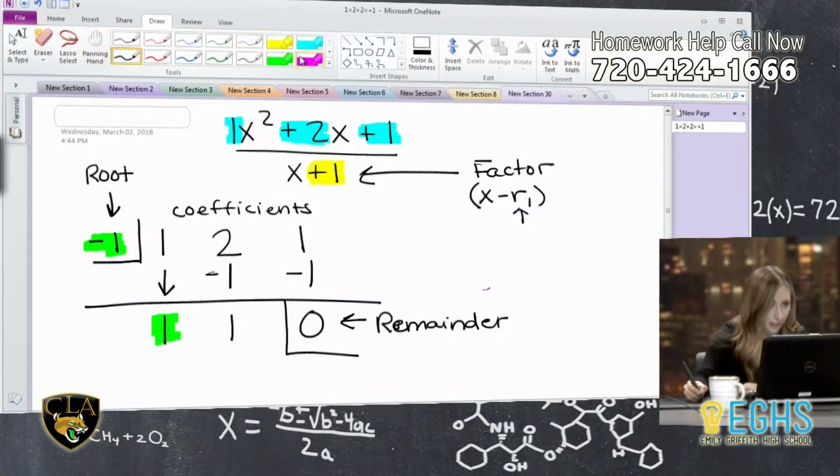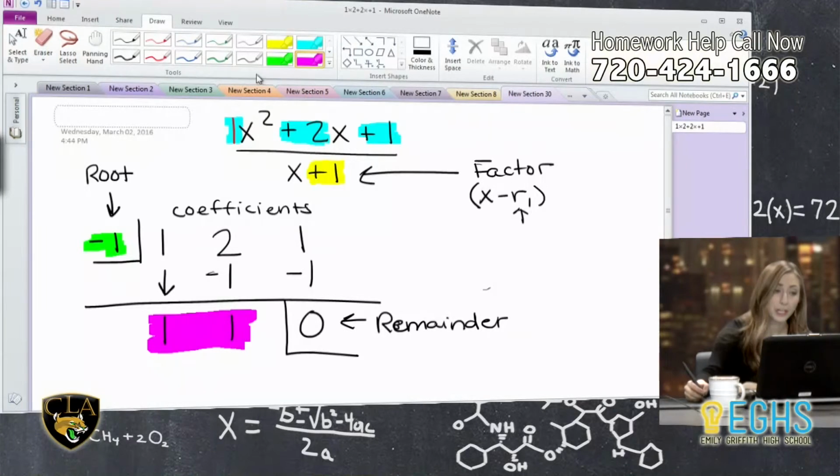And then what I'm highlighting now, this here is our answer when we did the division. It looks weird, I know, but it's just like how we did the coefficients at the beginning. We just ignored our x's and the x squared. It's the same idea here.